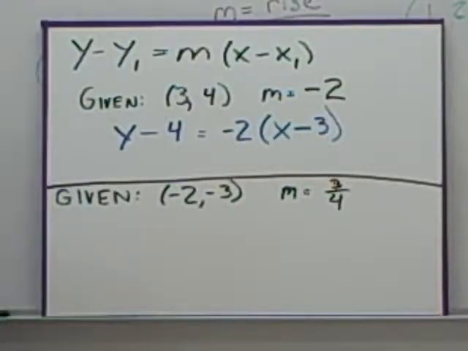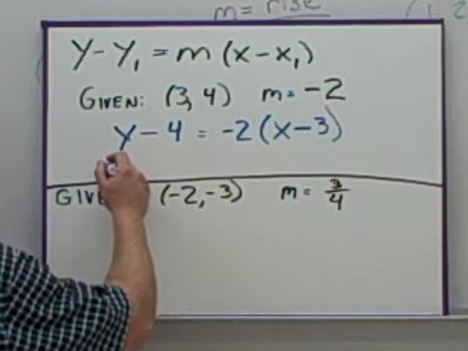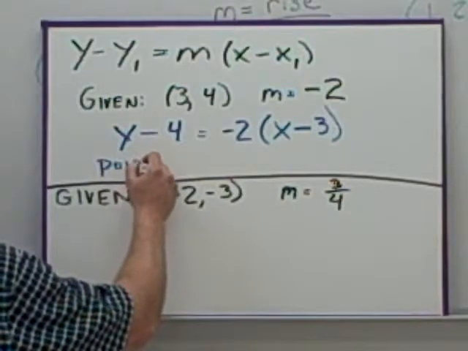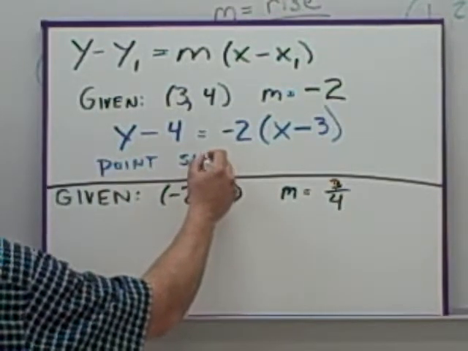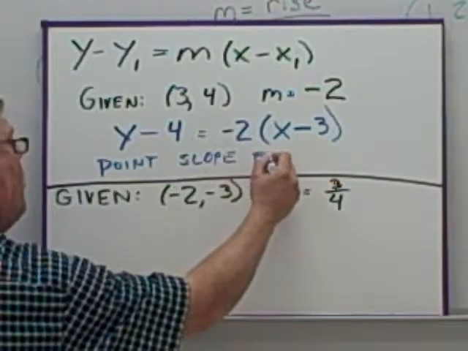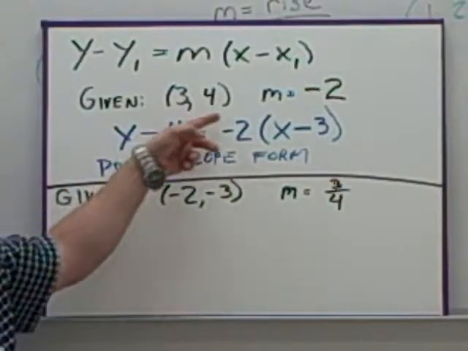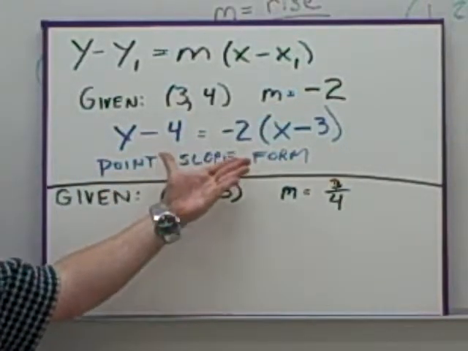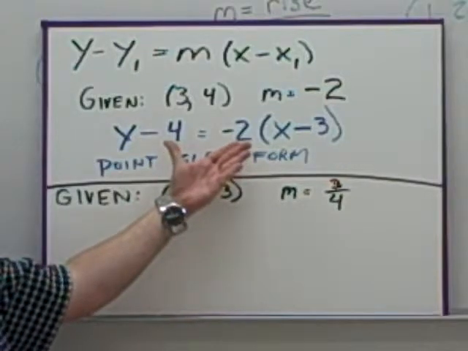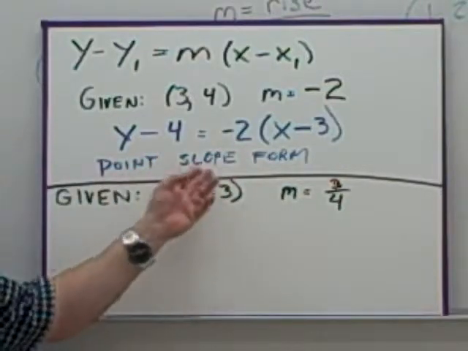There's an equation. This is what's known as the point slope form. Why is it called the point slope form? Because if you're given a point and the slope, you can easily plug it in to get the equation. That's why it's called the point slope form.